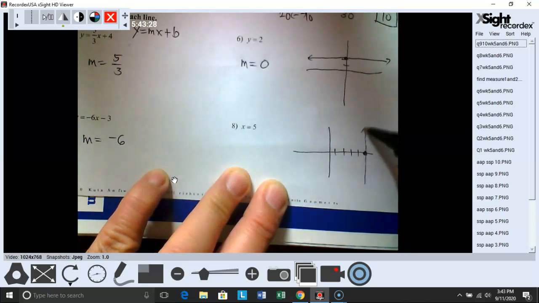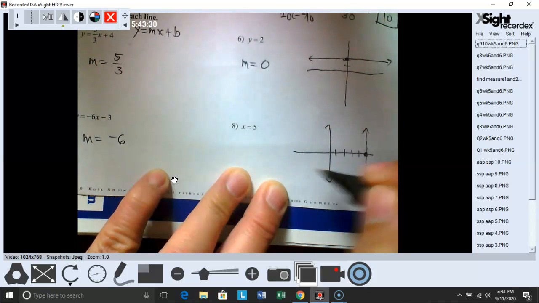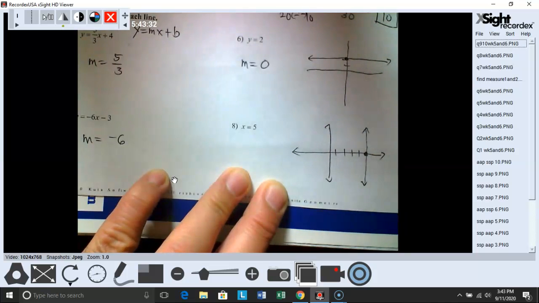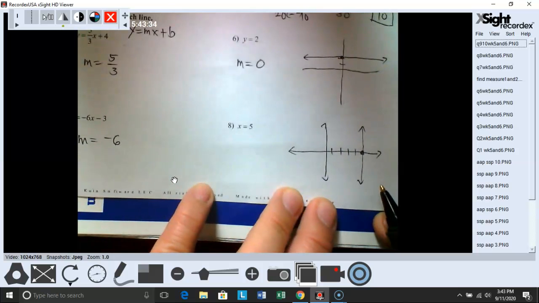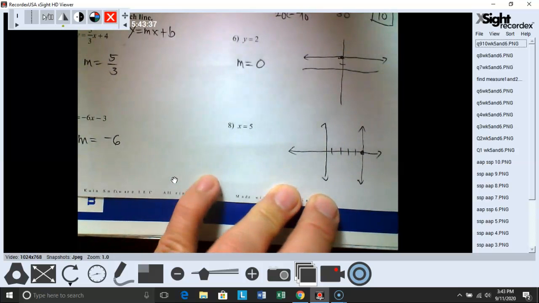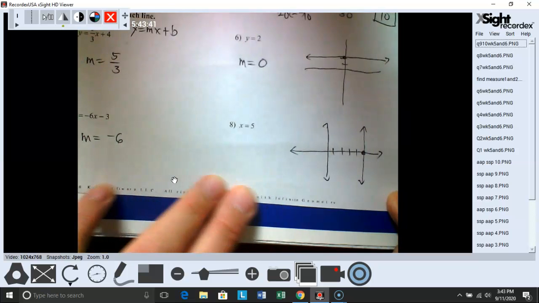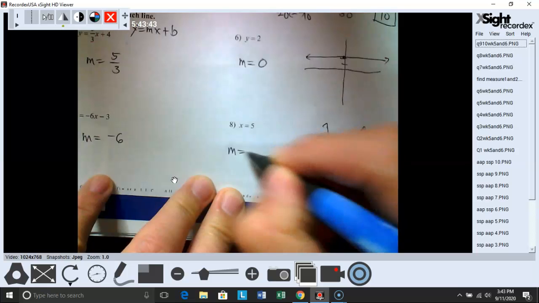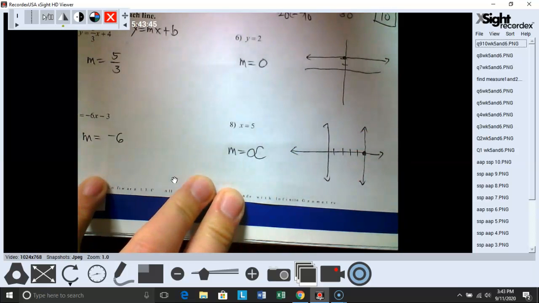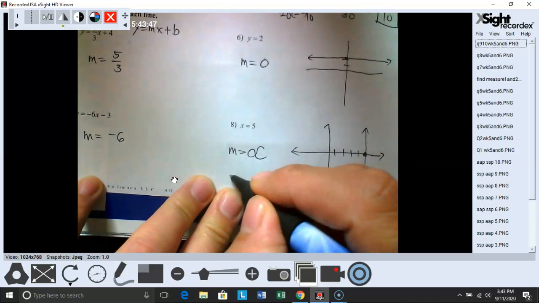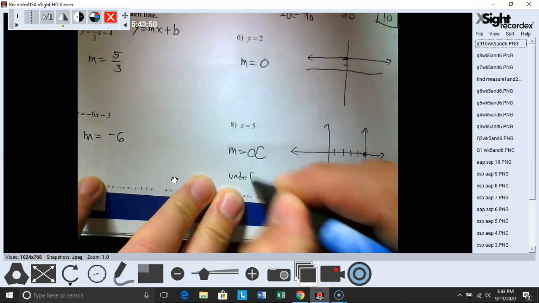I'm sorry. So your line will look like that. It's a vertical line. So for this one, our slope is like that. It's a symbol, otherwise known as undefined.